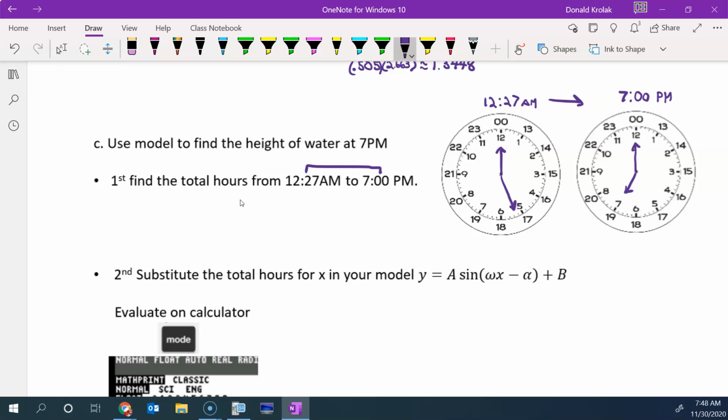Well, 33 minutes is going to take you to 1 p.m. Or, I'm sorry, 1 a.m. Okay, now how many hours between 1 a.m. and 7 p.m.?